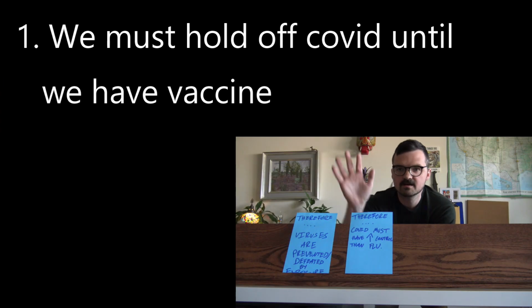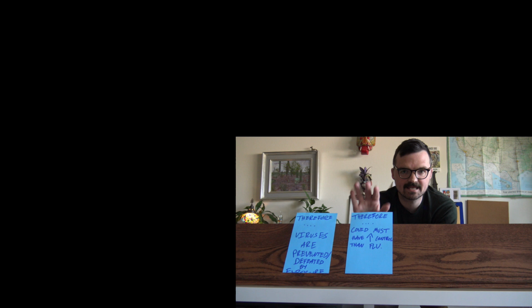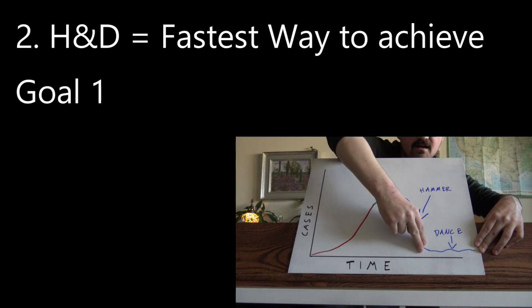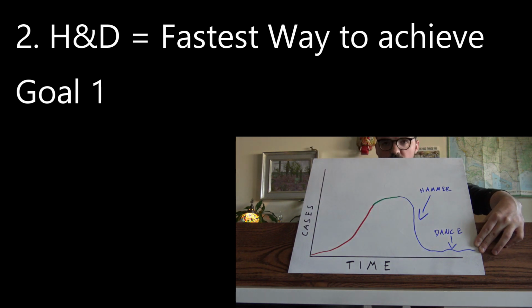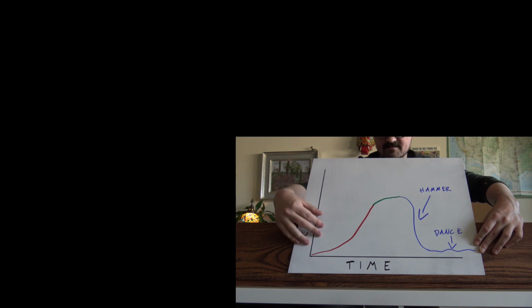We have the logical deduction that we have to get exposure to this virus somehow and that it must be controlled. If we just go out and get it naturally, bad things are going to happen. We also know that if we're able to drop the hammer and do the dance, we will get to that controlled scenario. We will get to a situation where we can wait for the vaccine. This is the way to wait for the vaccine.